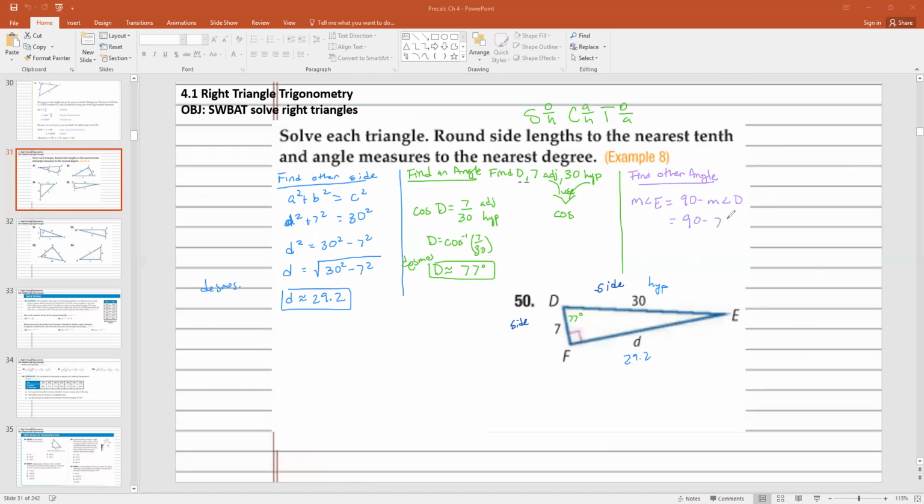So 90 minus 77 is going to give us 13 degrees. Ta-da! All right, and that is how we solve a triangle. We have all the sides, 1, 2, 3. We have all the angles, 1, 2, and 3. All right.